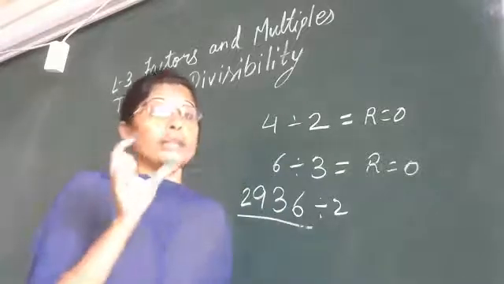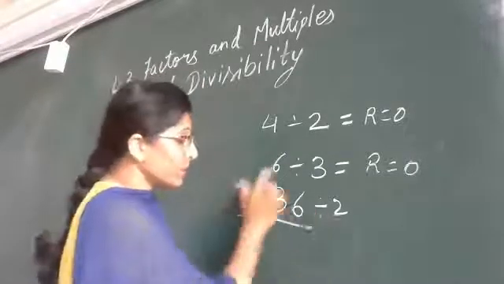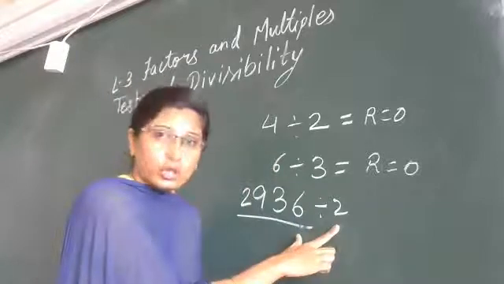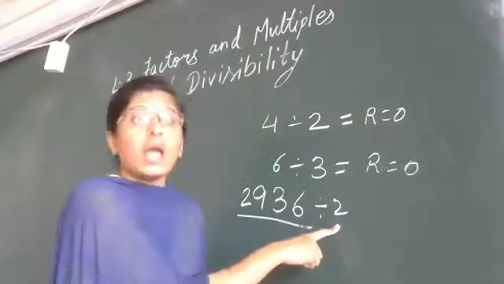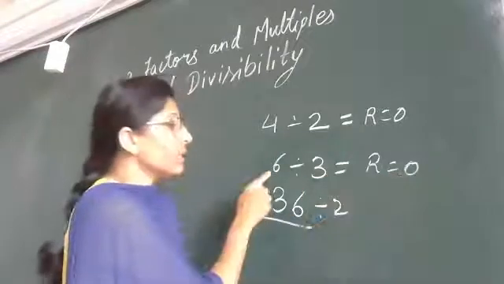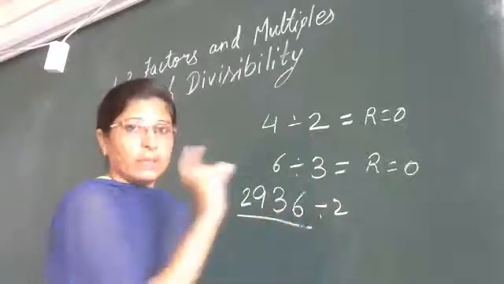So, to avoid this, to find out whether this number is divisible by 2 or not. Divisible means when you divide any number and you are getting the remainder 0, that means this number is divisible by this.